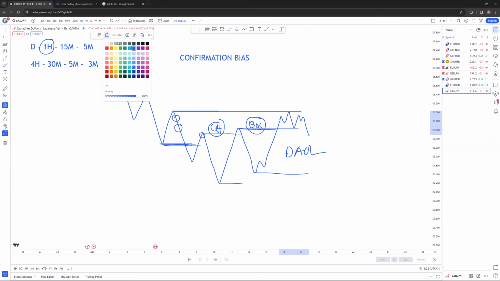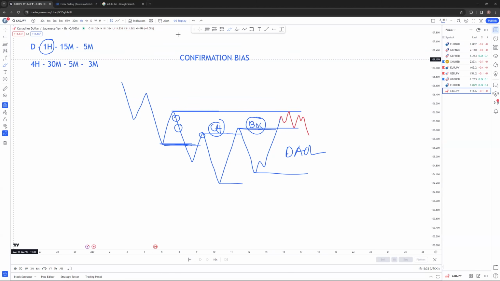Let's say this is the 1 hour liquidation process. After seeing this, what you have to consider is that this is now your 1 hour area of liquidity, right? And we have this formation inside that area.